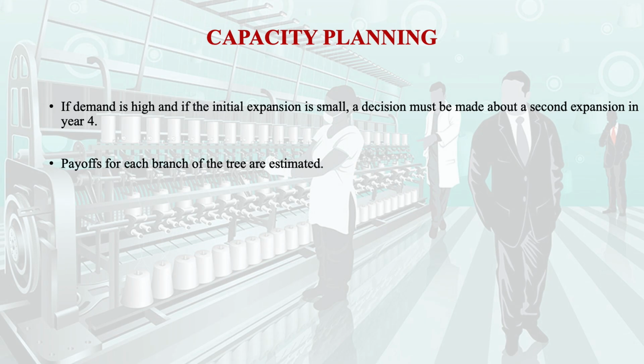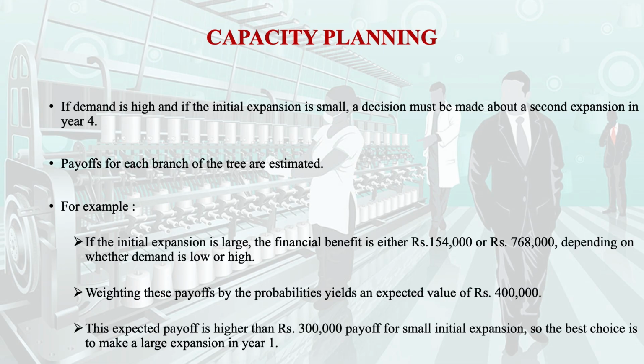Payoff for each branch of the tree is estimated. For example, if initial expansion is large, the financial benefit is either 1,54,000 or 7,68,000 depending on whether the demand is low or high. So we have two alternatives and we are getting the quantitative measure, we can find the solution.